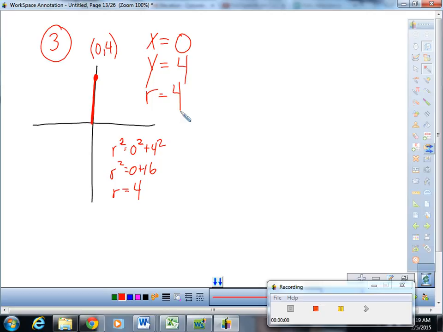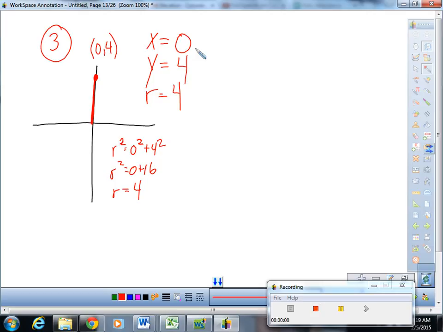The only thing I want to remind you is what happens when you have 0 in the bottom of a fraction. It's undefined. Excellent. So on any of these where you have x in the denominator, let's look at our equation sheet. When is x in the denominator? Tangent.